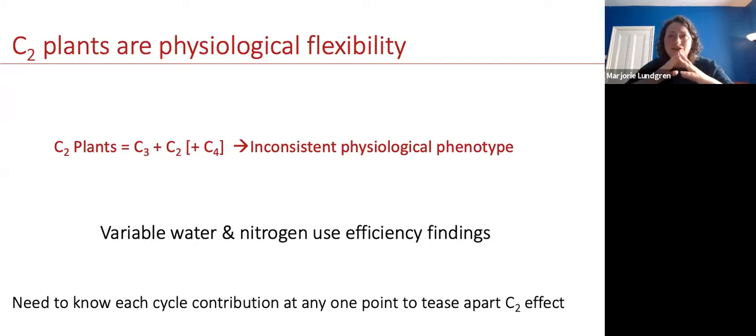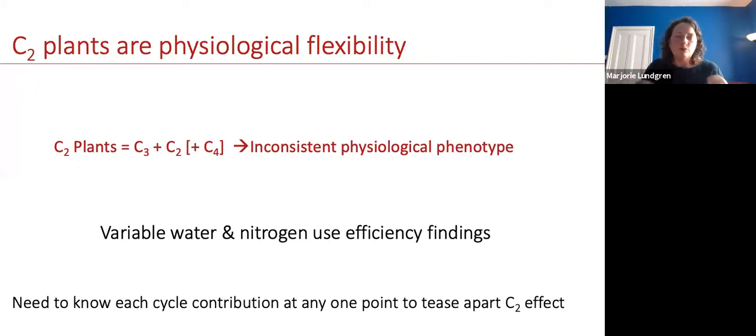And it's because it's just inconsistent. If you look at the literature, looking at things like water use efficiency and nitrogen use efficiency is kind of all over the map. And that's, I think, because you have these different physiologies running. And so to tease apart exactly what role C2 is playing, what this glycine shuttle is playing, you have to be able to separate it from other physiologies.